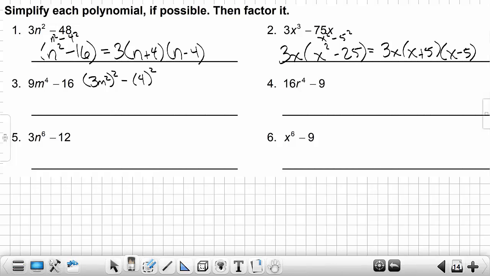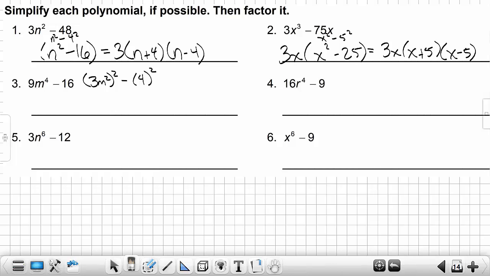When I gave you the formulas at the top of your notes, it's a squared minus b squared equals a plus b times a minus b. So what is my a in this? 3m squared, and what's my b? Just 4. Just the 4 part.